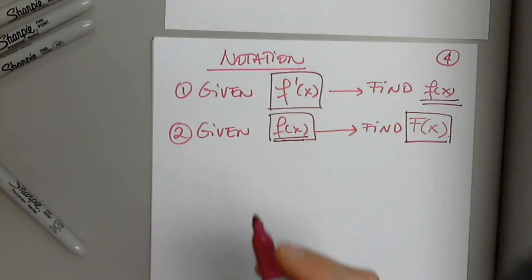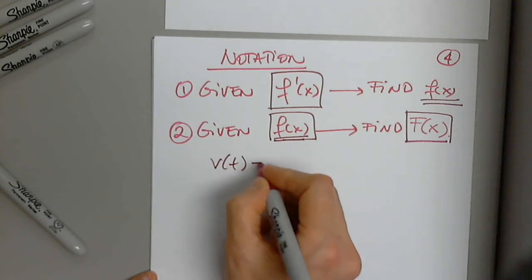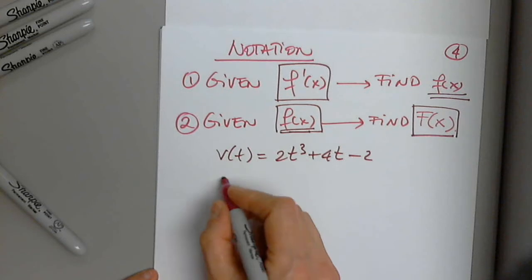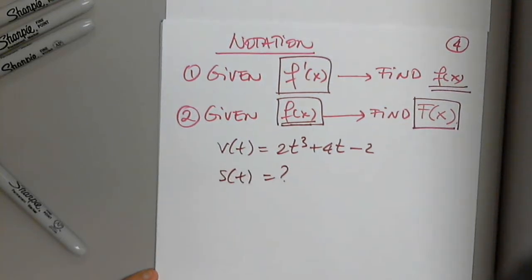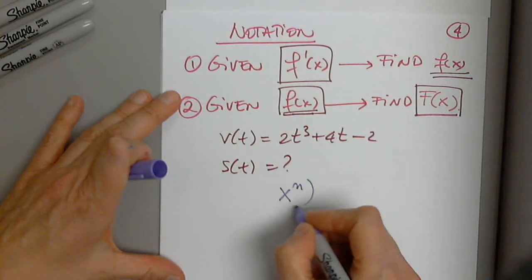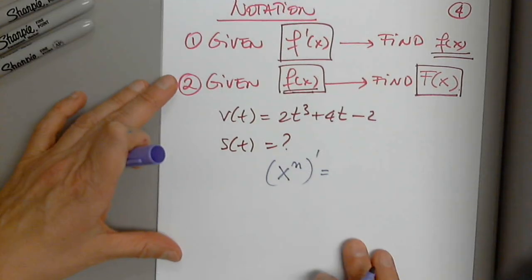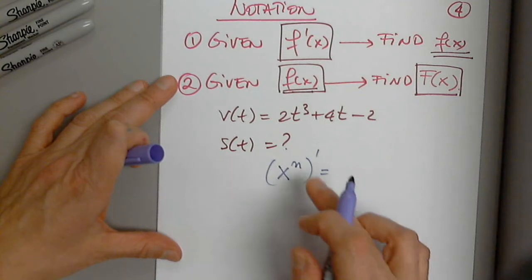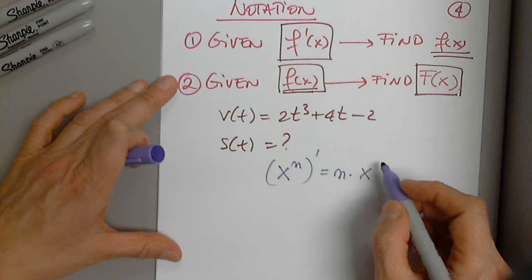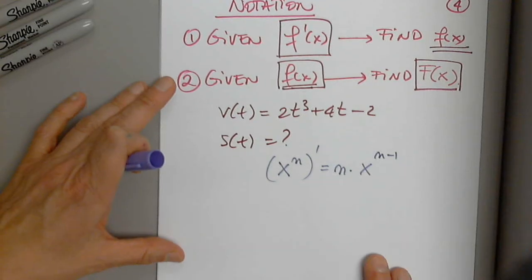Okay, so coming back to our simple example here, we are given the velocity 2t cubed plus 4t minus 2, and we want to find s of t. Now, we remember that when we differentiate x to the nth power, what do we get? n times x to the n minus 1. Excellent. Perfect.